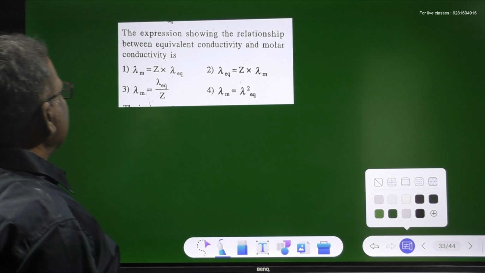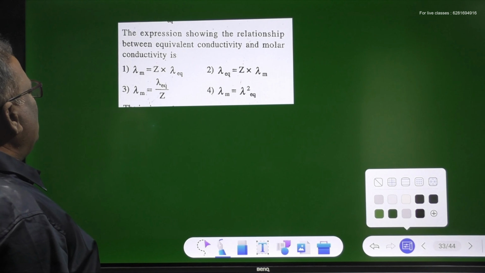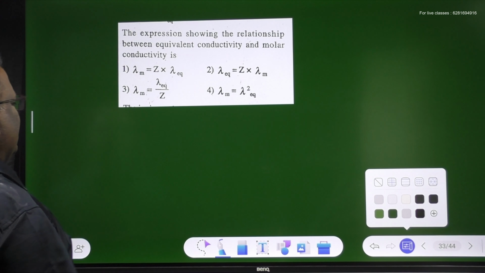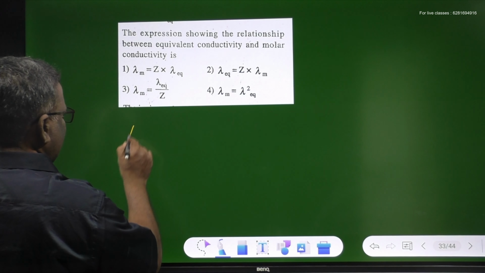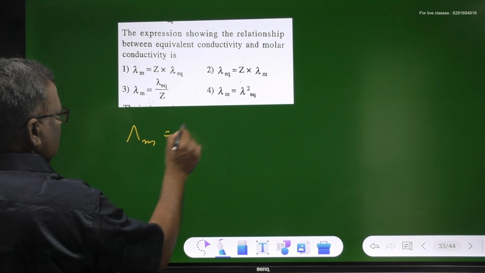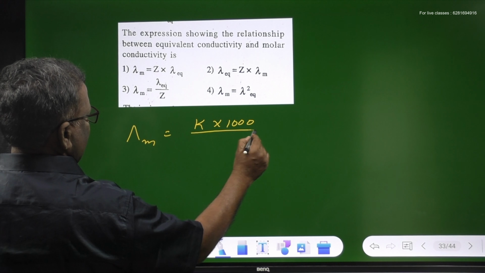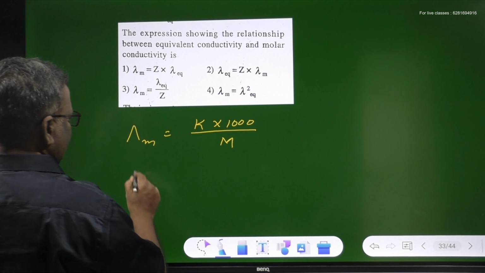Next, expression showing the relationship between equivalent conductivity and molar conductivity. Now molar conductivity is equal to K into 1000 by M, molarity.